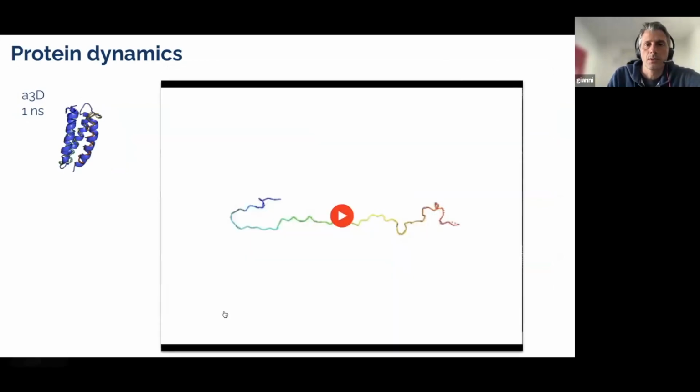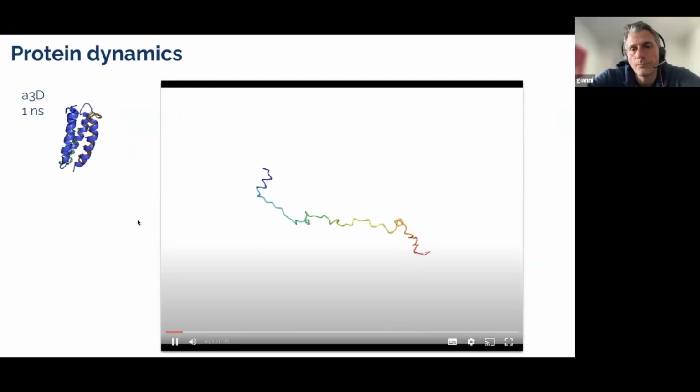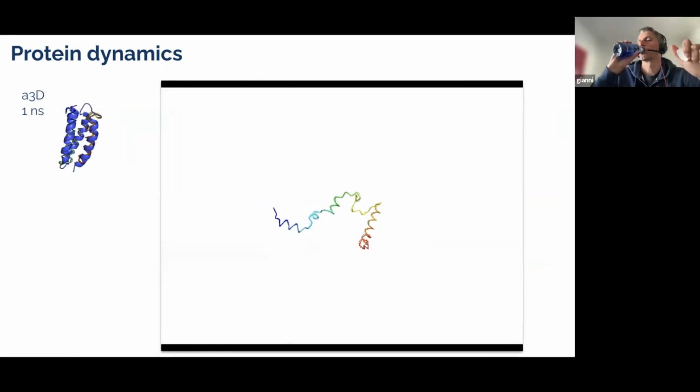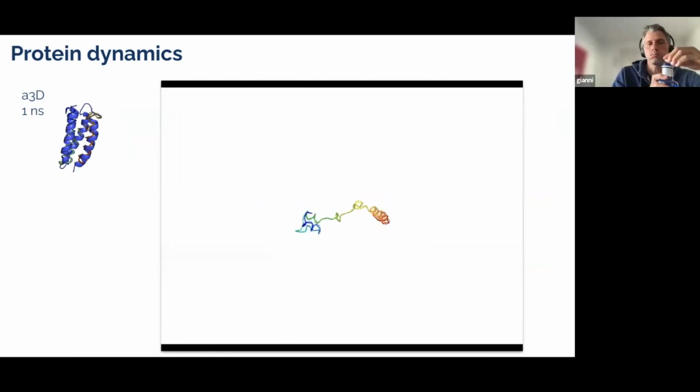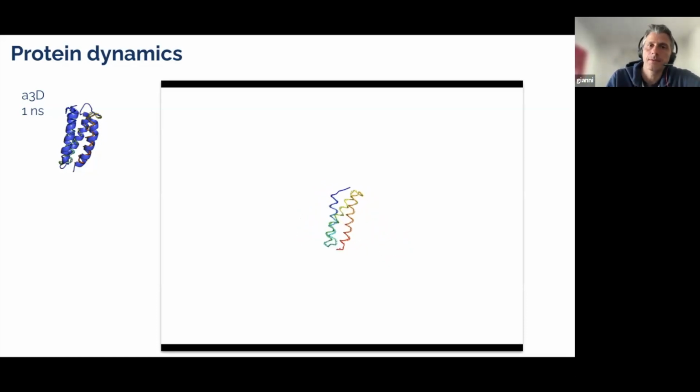This is another one. So it's not just collapsing into the folded structure, but it's actually having its proper natural dynamics until it gets to the folded state.